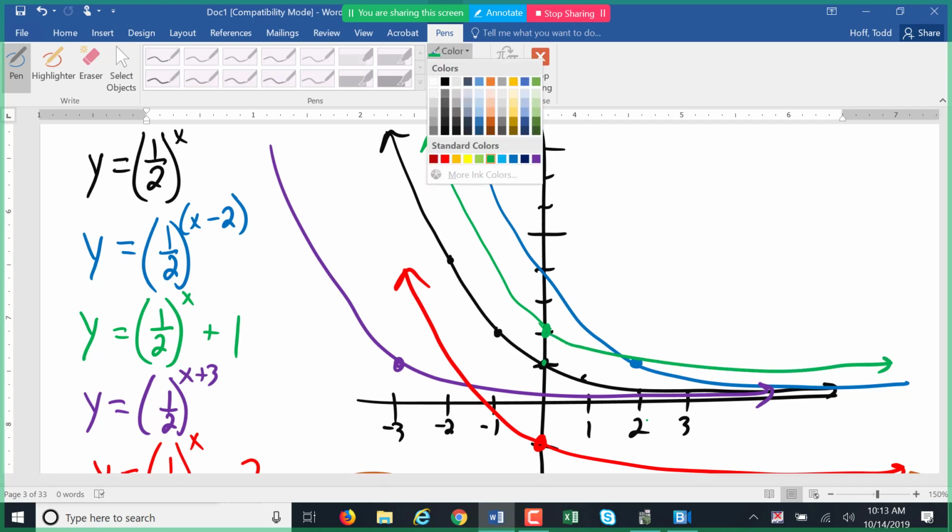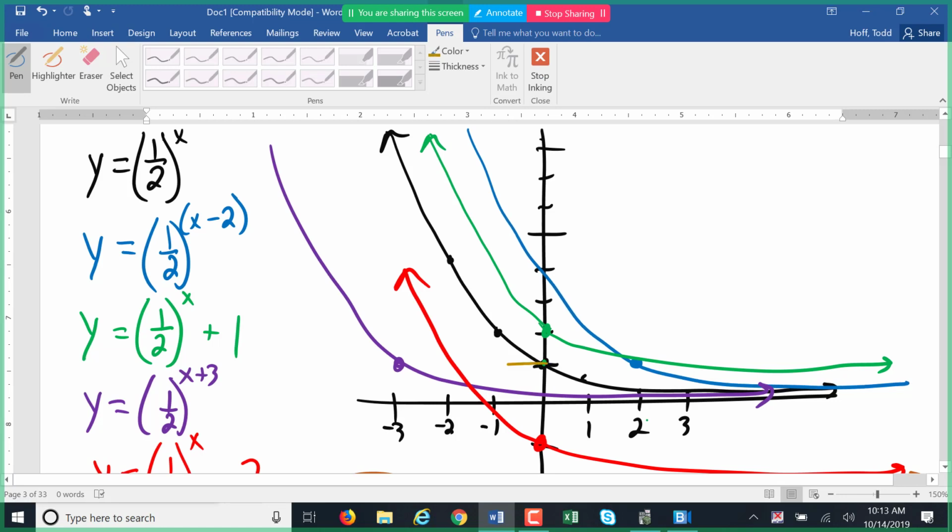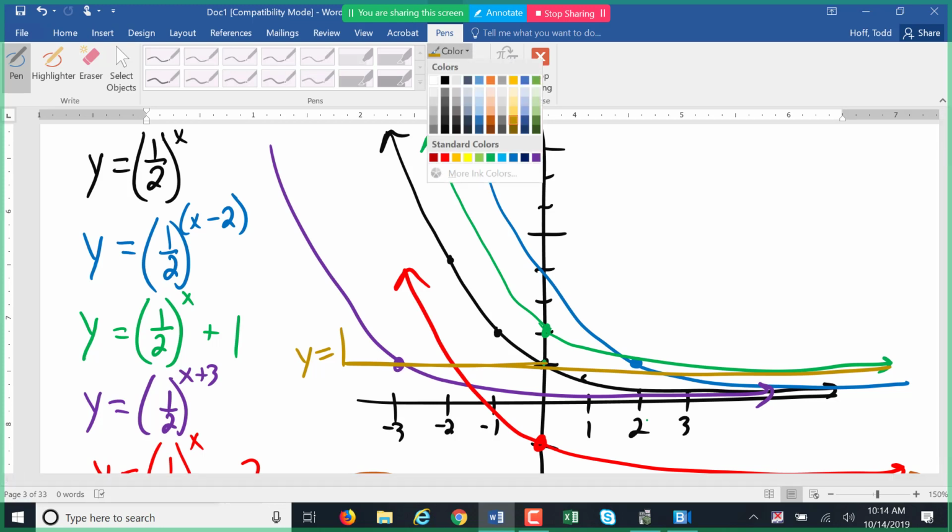It should look like that. The horizontal asymptote there is no longer the x-axis because we shifted up 1. That horizontal asymptote is now y equals +1. So the asymptotes shift with the rest of the graph.